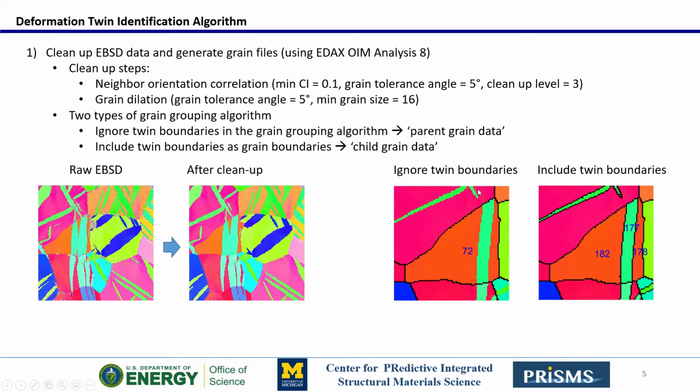We call this type of grain the parent grain, and this data the parent grain data. The other is to treat the twin boundaries as regular grain boundaries so that the untwinned matrix and twin areas are considered as individual grains, and we call these the child grains, and this data the child grain data, or simply grain data. And we need to export data using both of these two grain grouping algorithms.